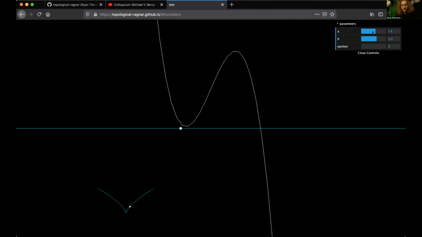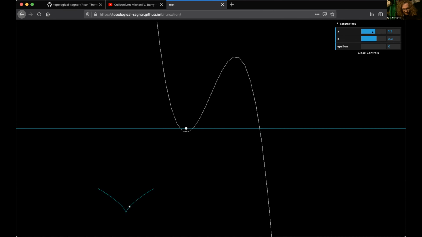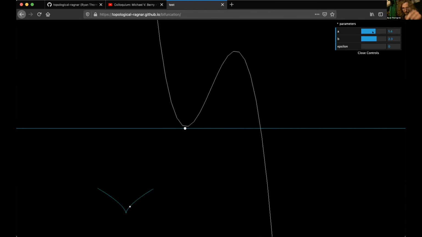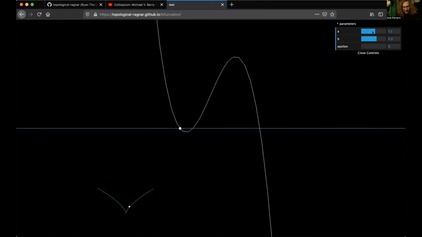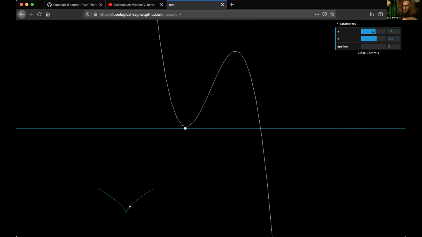Critical slowing down is also important. So this fact that when we're right just about at the bifurcation, even though the equilibrium sort of jumps, it's actually not an avalanche, right?